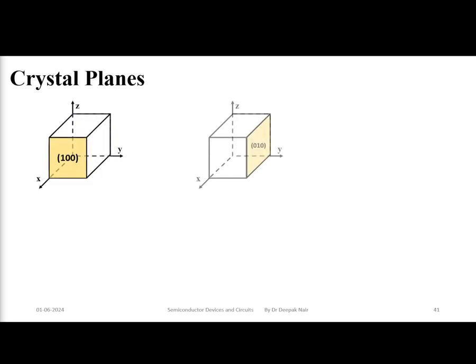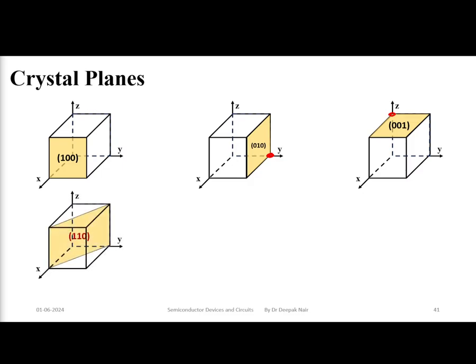Now coming to the other planes, here you have 0 1 0, because this plane is touching only the y-axis, it is not touching the x or z-axis. Similarly, here you have the 0 0 1 plane which is touching only the z-axis. It is not touching the x or y-axis.